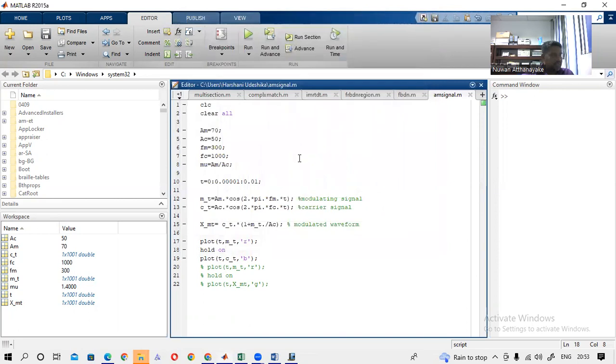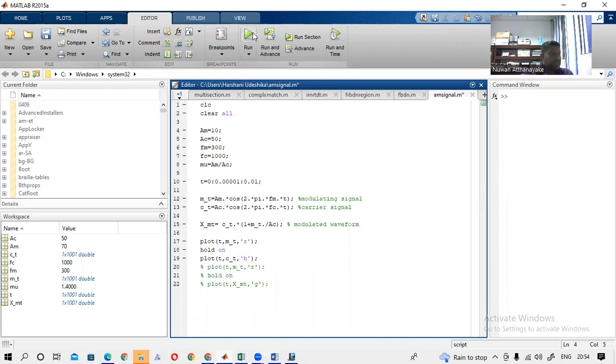So you will not get a correct waveform; you will get a distorted, over modulated waveform. So we can put a lower value. I set it as 20, so it is less than 50. In the same manner I will put it as 10.